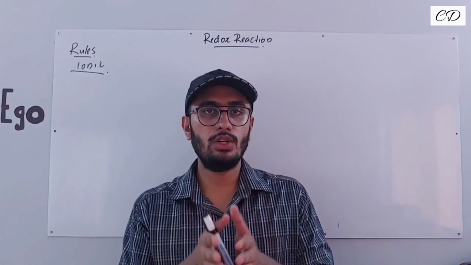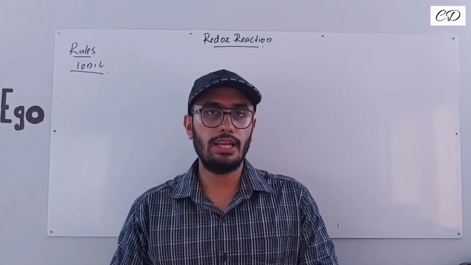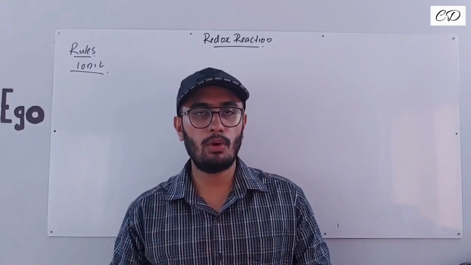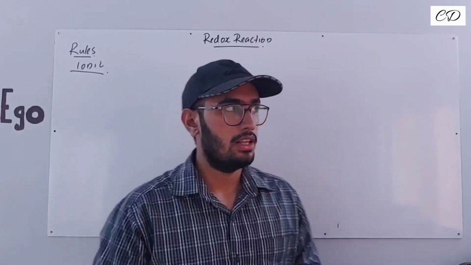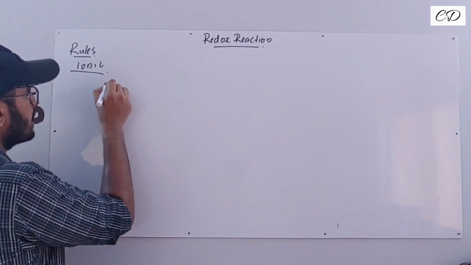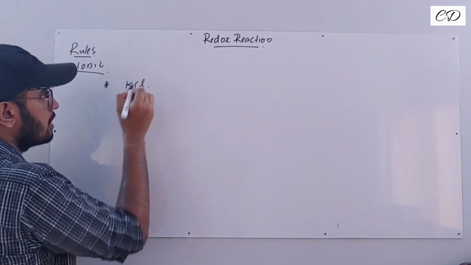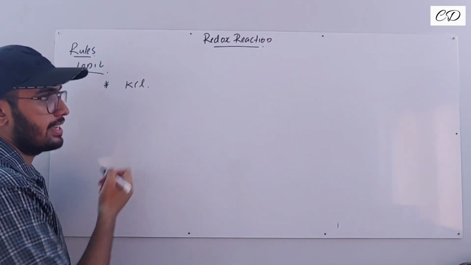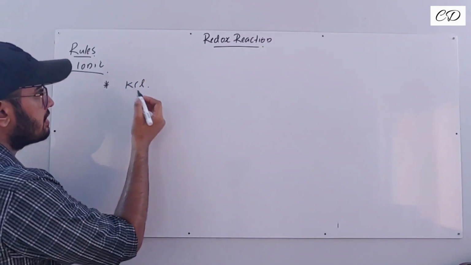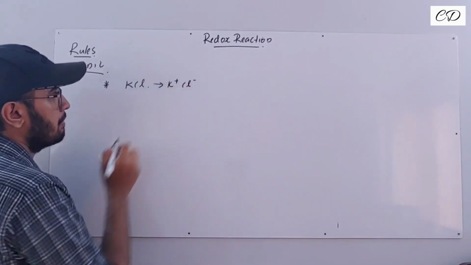There are two types of compounds, ionic and covalent compounds. First we are going to study ionic compounds. Take potassium chloride as an example. This compound can be split as potassium plus and Cl minus.